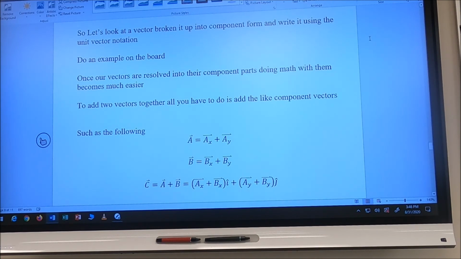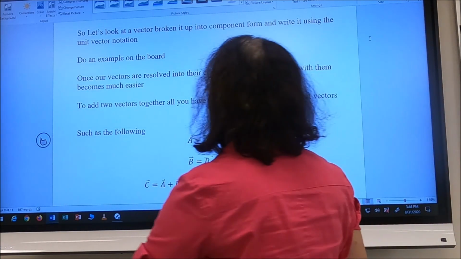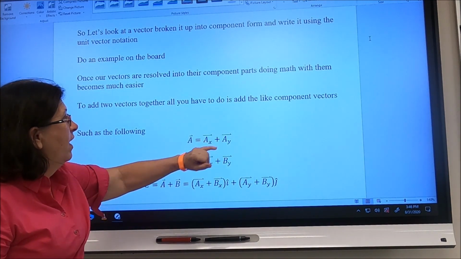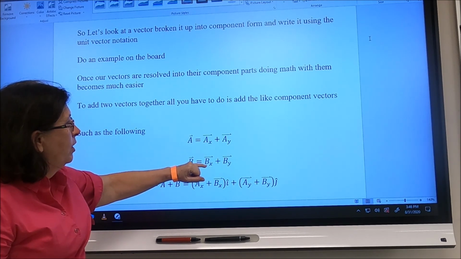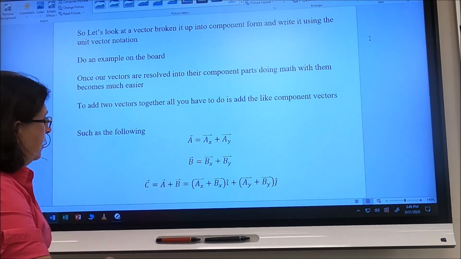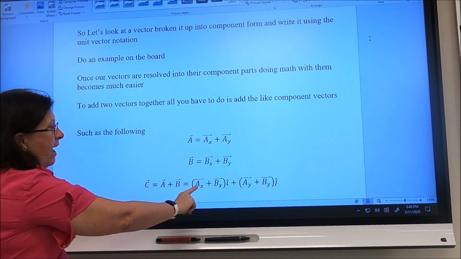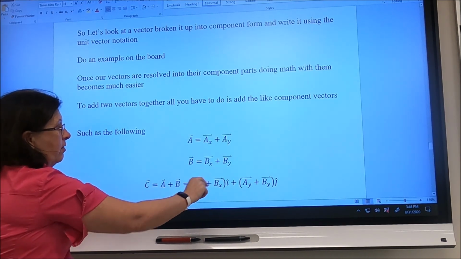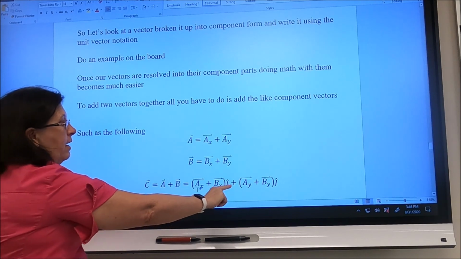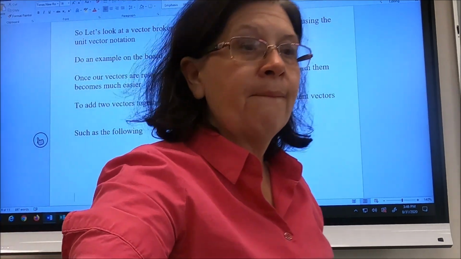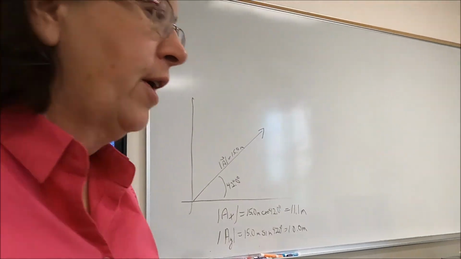Now, if I look at a vector broken up into its component vectors, A would equal a vector AX plus a vector AY, and B would equal BX plus BY, then C is the sum of A plus B. I just add AX plus BX times I hat and AY plus BY times J hat.